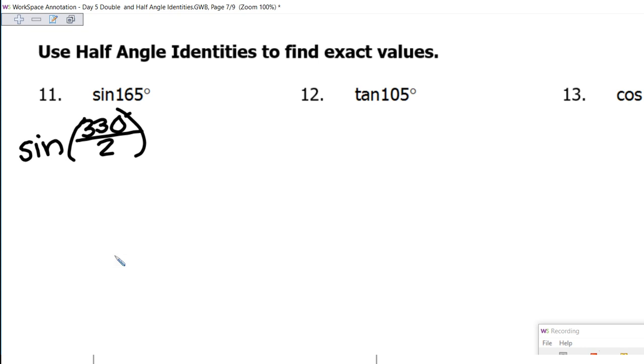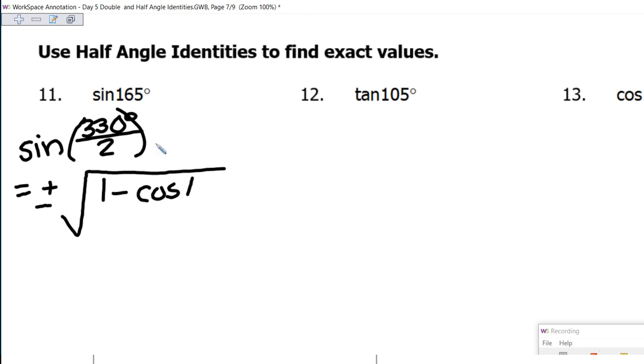Now using the formula, and this is a half angle formula, it's going to equal plus or minus. You only put the plus or minus in the original formula, only in the first step. So it's plus or minus the square root of 1 minus cosine A. Instead of A, let's go ahead and put what A is.